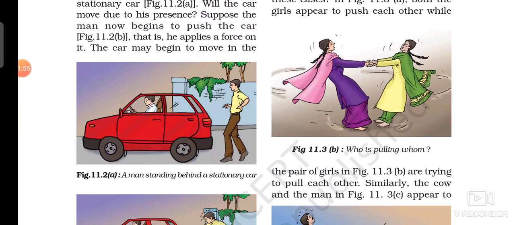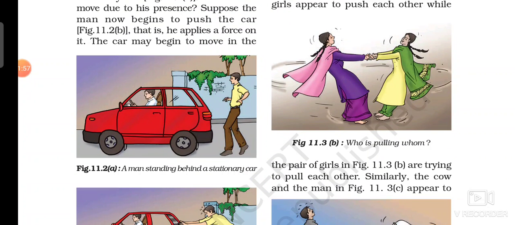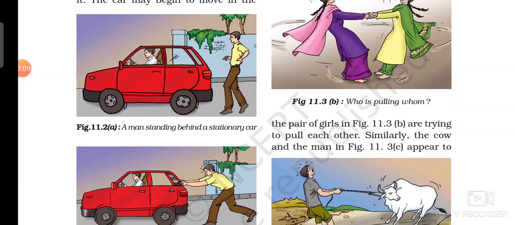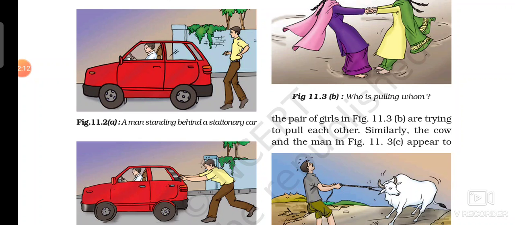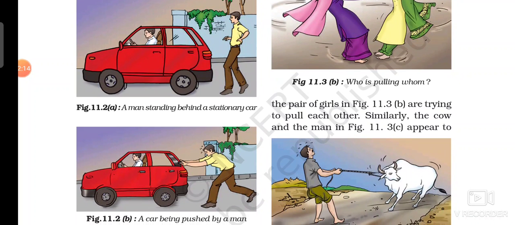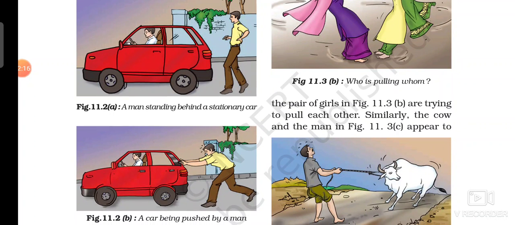See, for example, over here, a man is standing behind the car. He is not in contact or interacting with the car. Will he be able to push the car without interaction? No, he will not be able to push the car. But in the next figure, you can see he is in contact with the car.